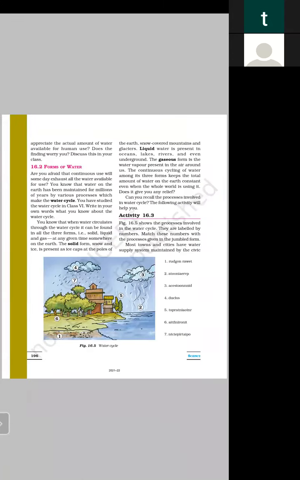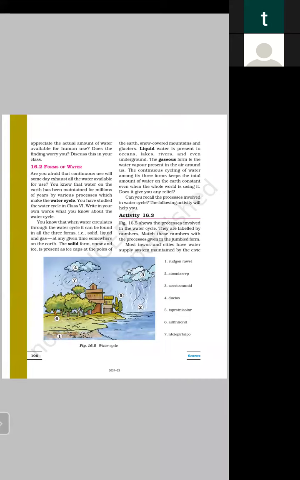Then we discussed different forms of water: solid form as snow and ice, liquid water in ocean, river, lake, even underground water, and the gaseous form, meaning water vapor present in the air around us. Those are the three different types of water.